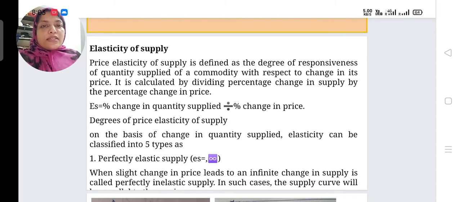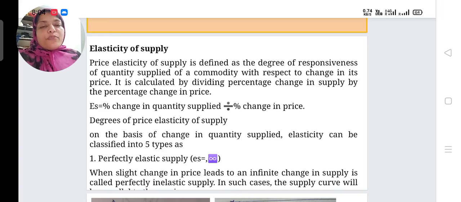Elastic means degree of responsiveness. It is calculated by dividing the percentage change in supply by the percentage change in price. That is, ES equals percentage change in quantity supplied divided by percentage change in price.